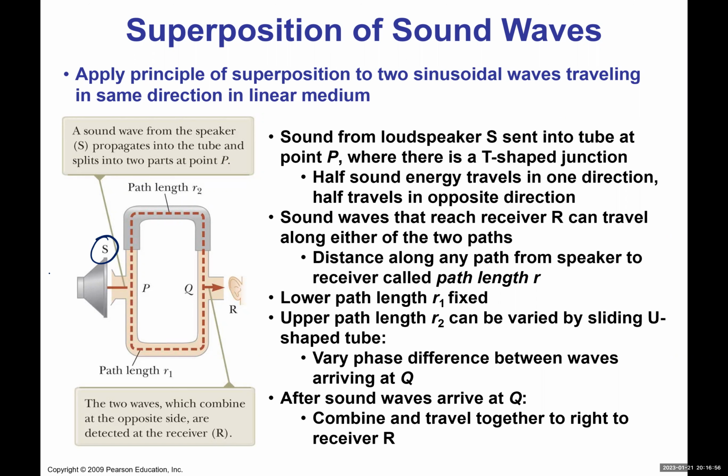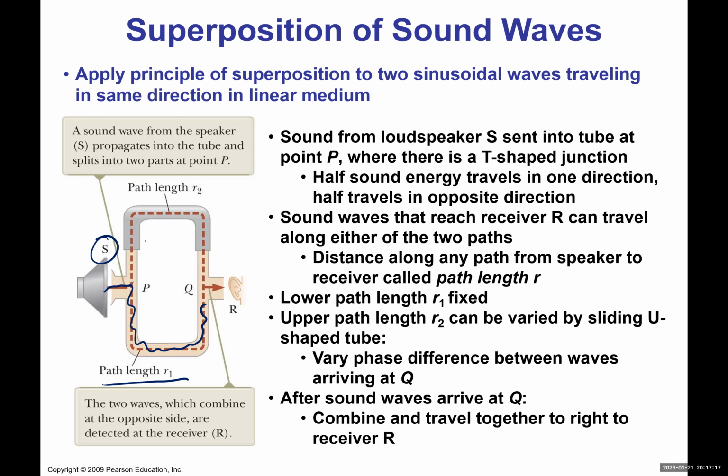What we can think of here is the sound separates into two. Some of it goes through the path length of R1 and reaches position Q. And then we have the other half.